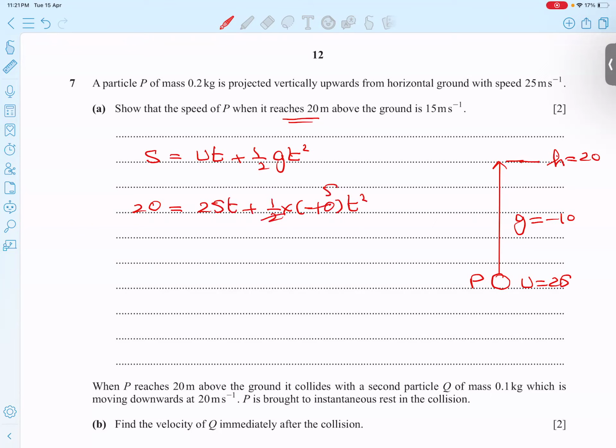This becomes 5. I bring to the left side 5 T to the power 2, and -25T and plus 20 is equal to 0. Divide by 5. I got T squared and -5T and 4.